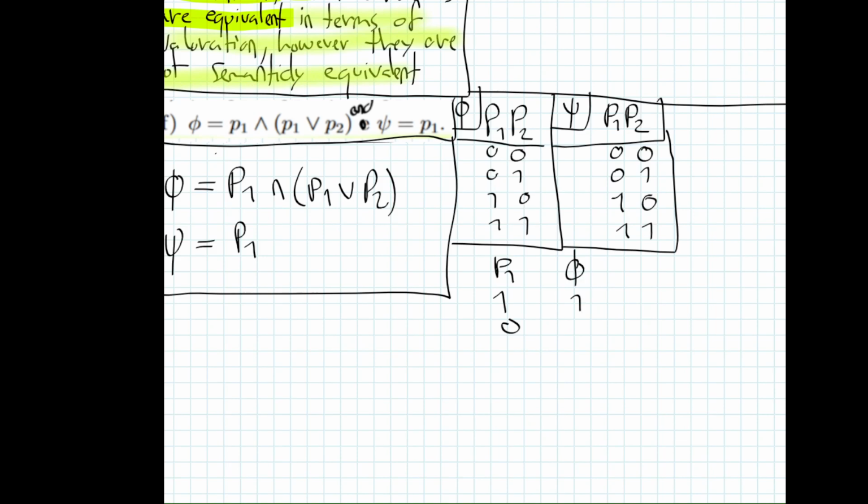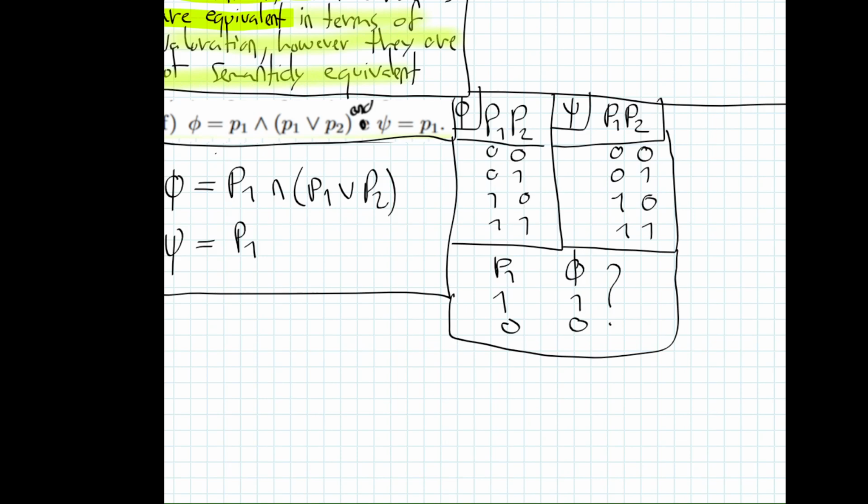For P2, P2 matters for phi, but it doesn't matter for psi. If P1 is 0, it matters for psi, but can phi, which depends on P2, also provide a 0? That's the real question. It's pretty simple, pretty easy on the eyes.